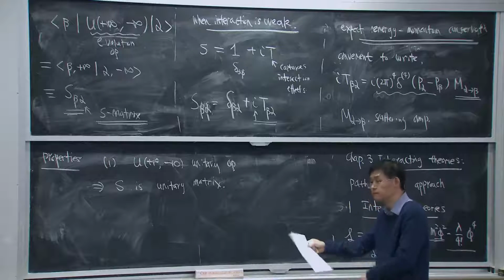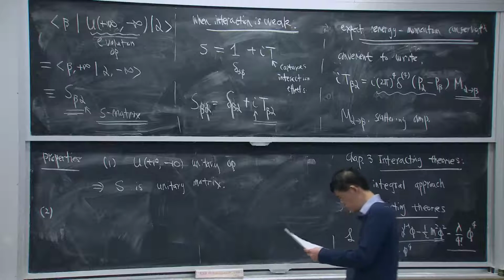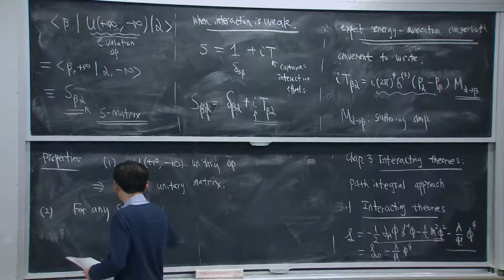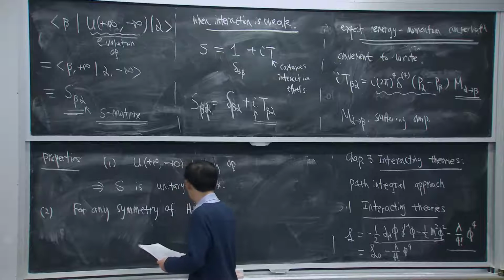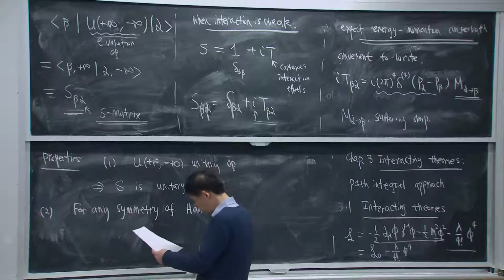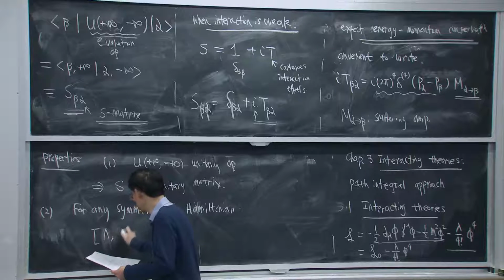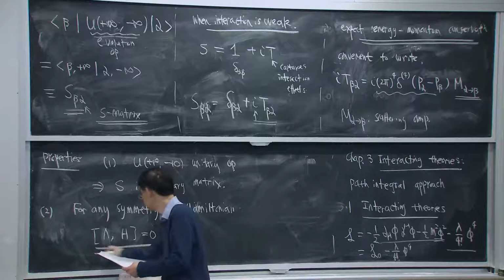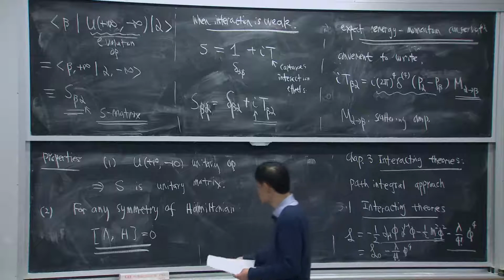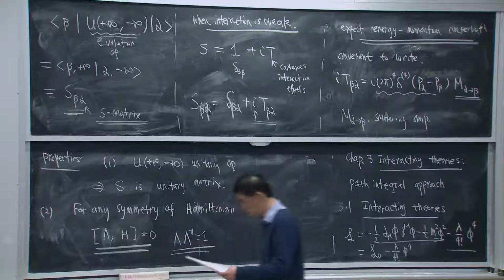Also, you can show, and I'm running a little bit out of time because today we have to end at 5:40, that for any symmetry of the Hamiltonian, say some unitary operator which commutes with the Hamiltonian... remember all the symmetries have their action generated by unitary operators.